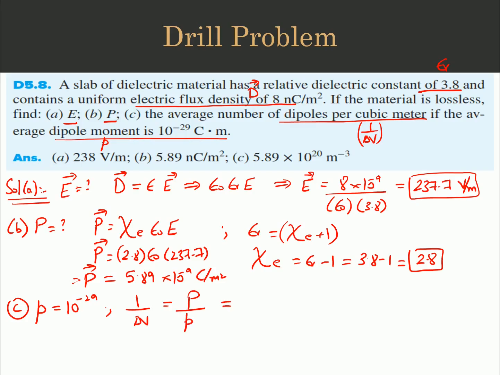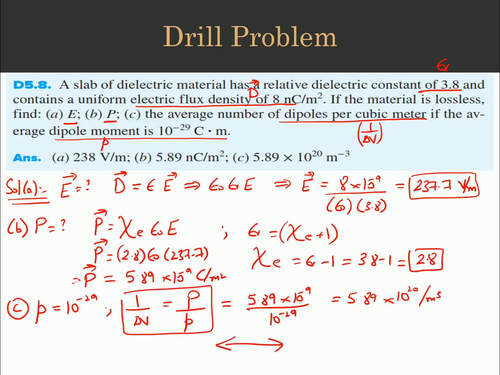So this is equal to 5.89 into 10 raised to power minus 9 divided by 10 power minus 29, and it comes out to be 5.89 into 10 raised to power 20 per meter cube. So this is a new equation for you to know, and this solves the problem.